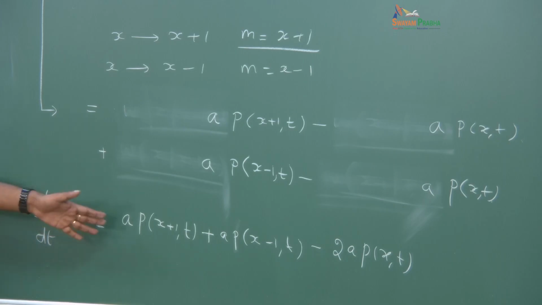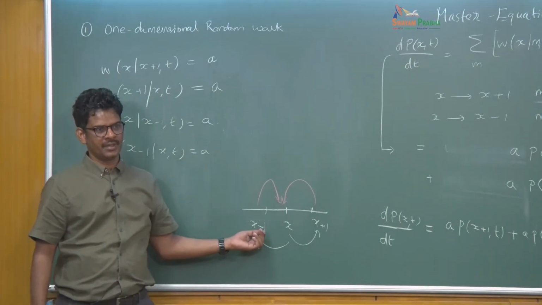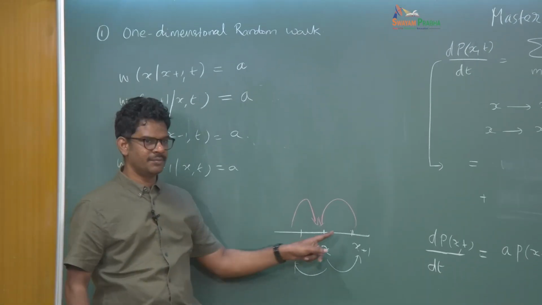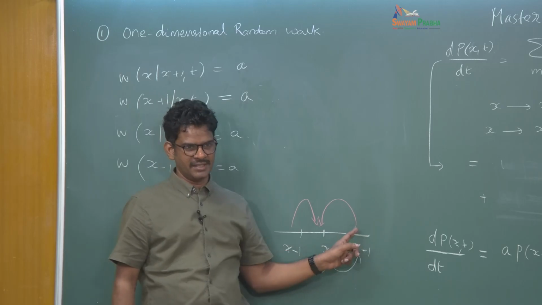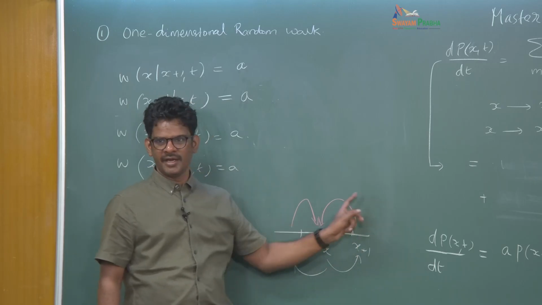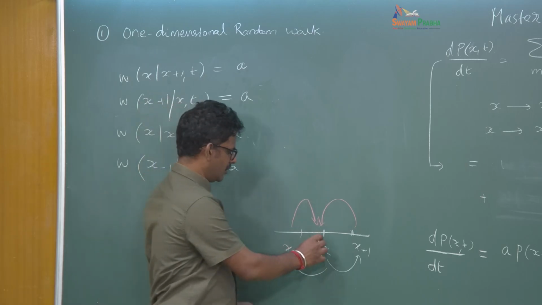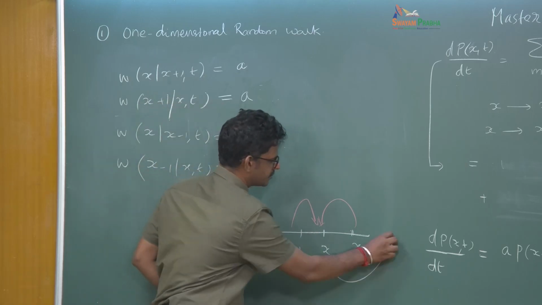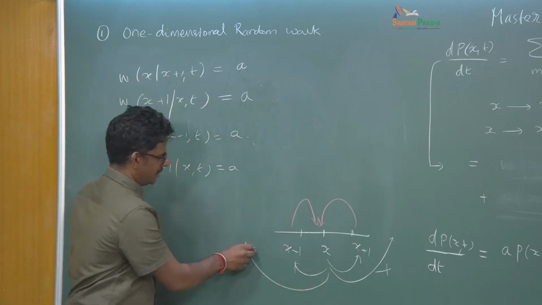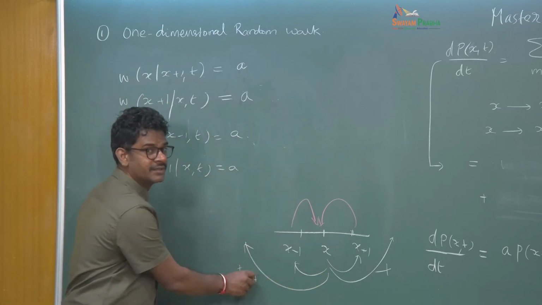You can directly write this equation by looking at what are the possible state change processes. Okay, so you can always try to draw this kind of a diagram or a schematic marking where x is, what are the possible events. Okay, look, we are not looking at x going to x plus 2, this is forbidden. X minus 2 also forbidden.